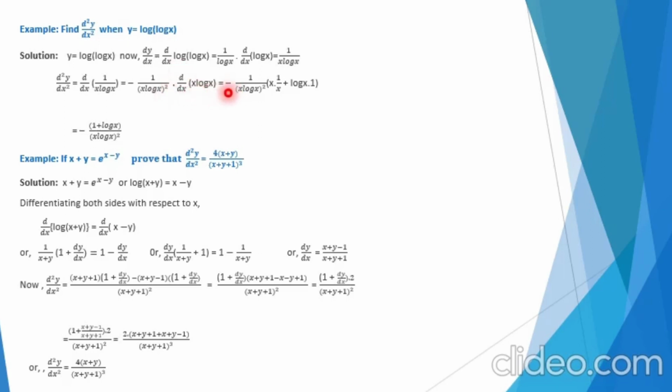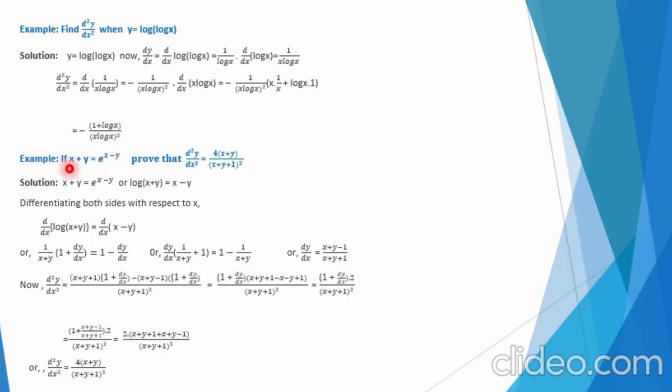That is equal to minus 1 by x log x whole to the power 2 into x into 1 by x plus log x into 1. Actually we used the rule d dx of u into v, that means u into derivative of v plus v into derivative of u. That is equal to minus 1 plus log x by x log x whole to the power 2.